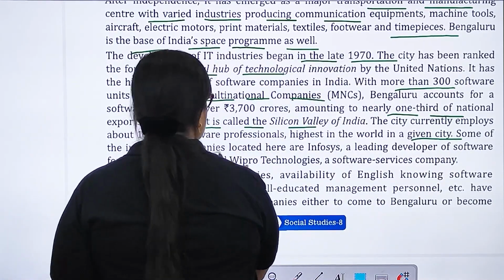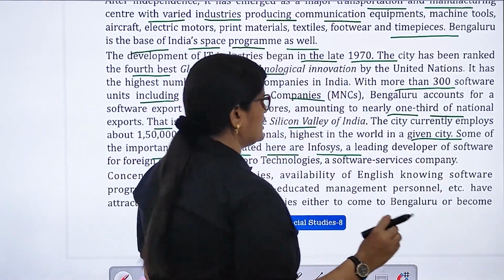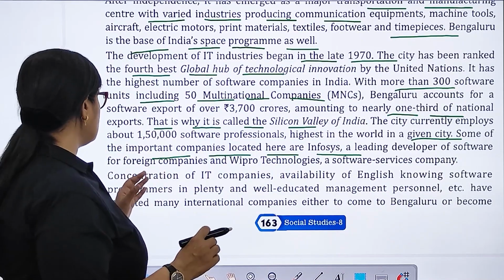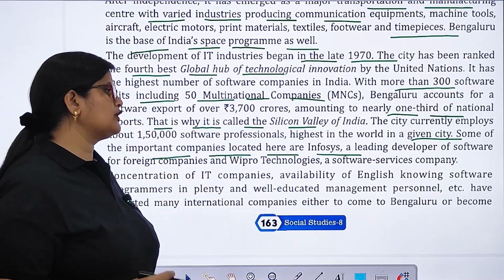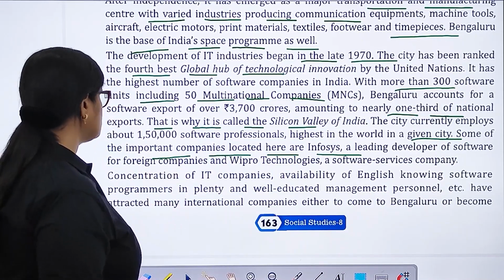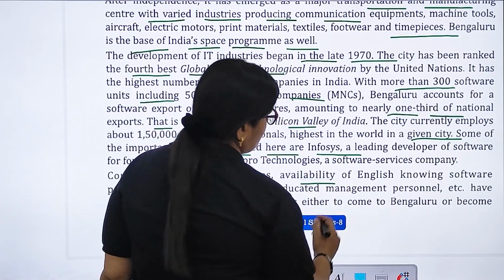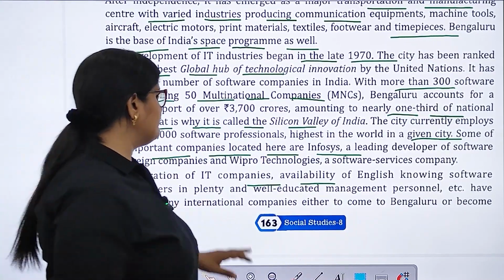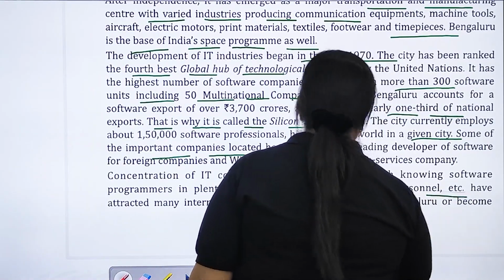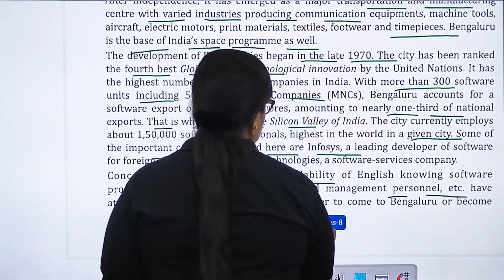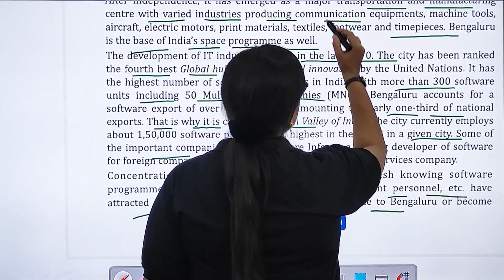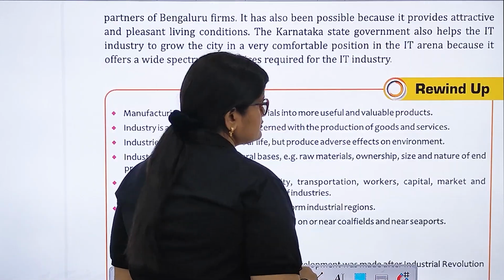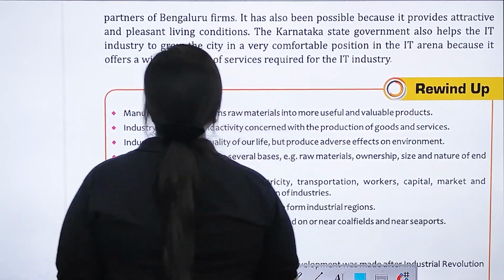Some of the important companies located here are Infosys, a leading developer of software for foreign companies, and Wipro Technologies, a software services company. Concentration of IT companies, availability of English-knowing software programmers in plenty, and well-educated management personnel, etc. have attracted many international companies either to come to Bengaluru or become partners of Bengaluru firms.